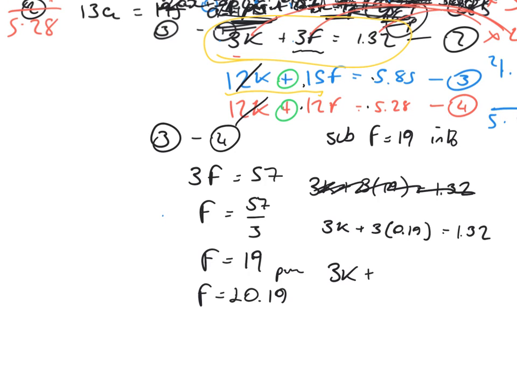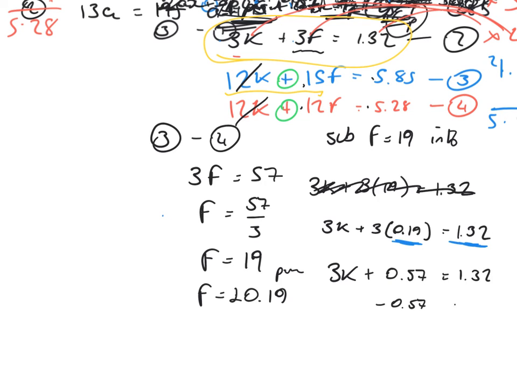So what I'm doing there is just making sure that if I'm in pounds and pence here, then I need to be recording that in pounds and pence. £0.19, 19 pence. Okay, so 3k plus 3 lots of 0.19. Take your time, go to the side if you need to. That will be 0.57 is equal to 1.32.